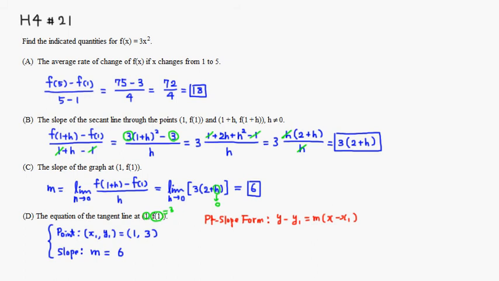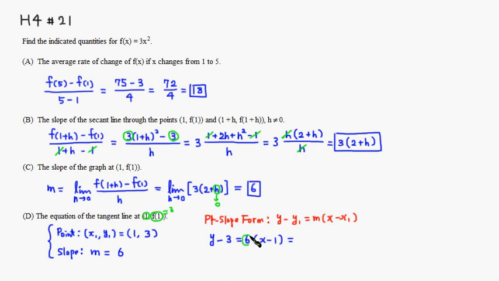All right, so we have all the ingredients to cook up the equation. So it's going to be y minus y1, which is 3, is equal to the slope, which is 6, times quantity x minus x1, which is 1. Since we have to write it in y equals form, we're going to do a little bit of simplification here.